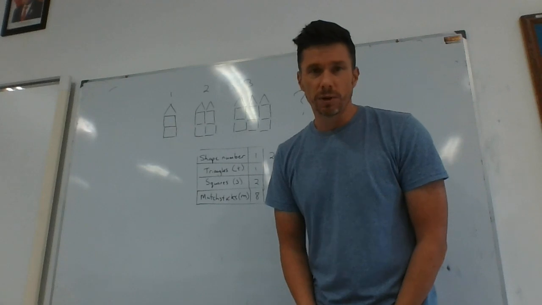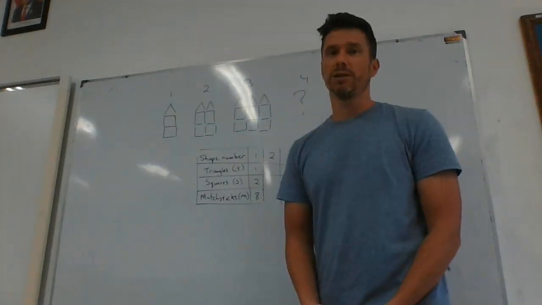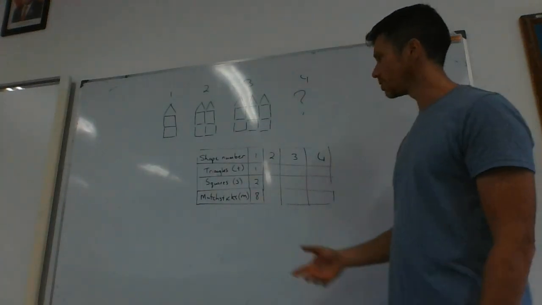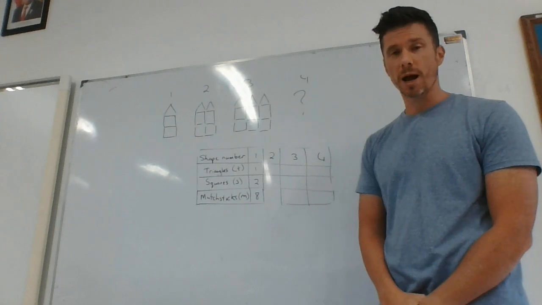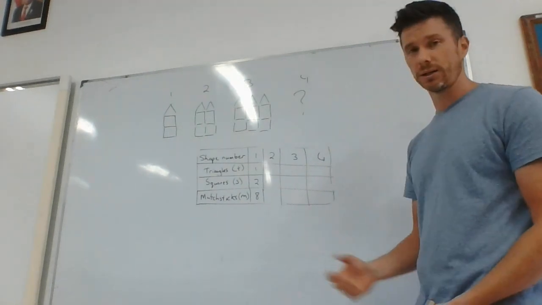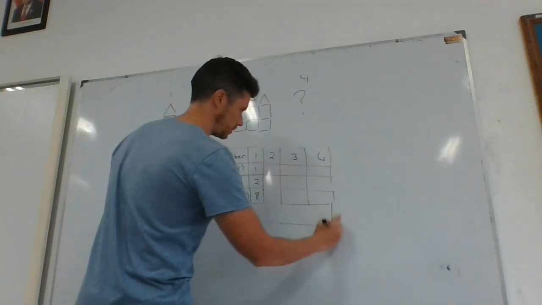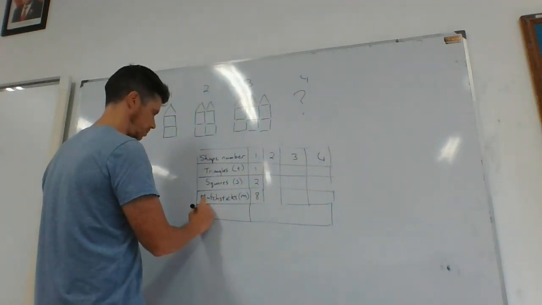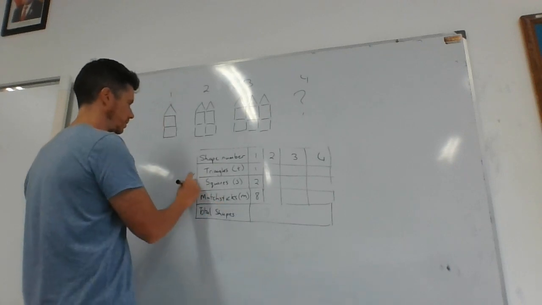Question 5 then, where there are 8 triangles, how many shapes, squares and triangles, are there in total? So now we're looking at total number of shapes. Perhaps we could put an extra line on this table: total shapes. Only these two are shapes.